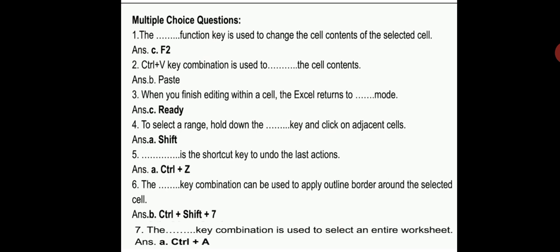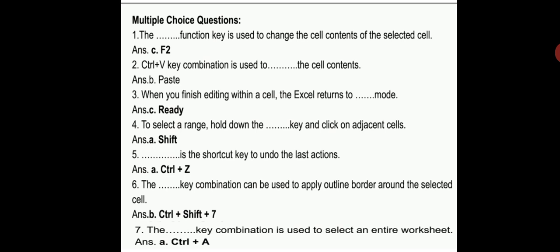The first MCQ is, the dash function key is used to change the cell content of the selected cells. It's F2. Second is, Control plus V key combination is used to dash the cell contents. It's option B, paste.